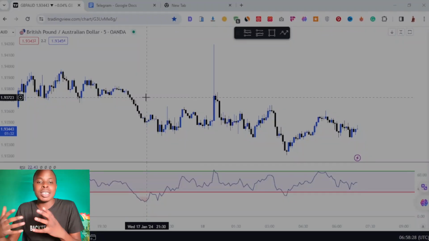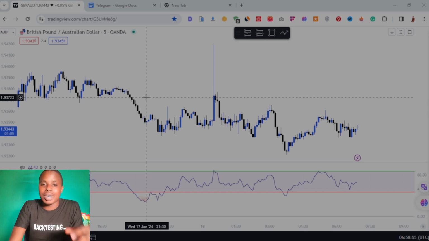So if the market is being overbought, that means there is more buying pressure in the market. If the market is being oversold or is going below 0, it means the sellers are in control and there's more selling pressure in the market, because the RSI is created by the equation of simply saying the average gain divided by average loss. So if the market has more gain, that means it's gonna go to the upside. So that is basically what the RSI does.